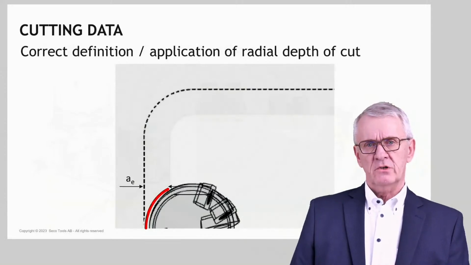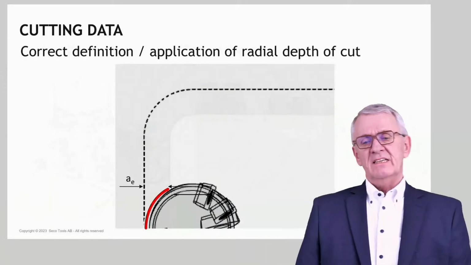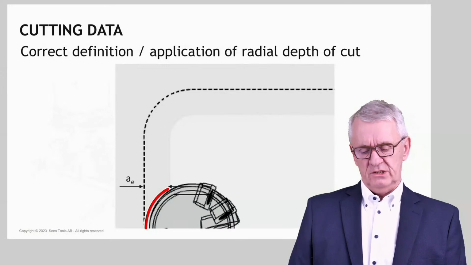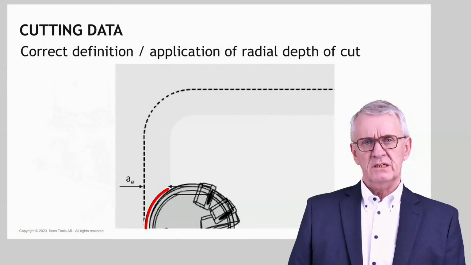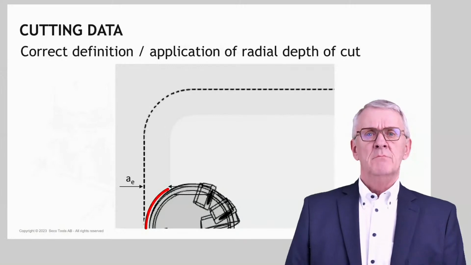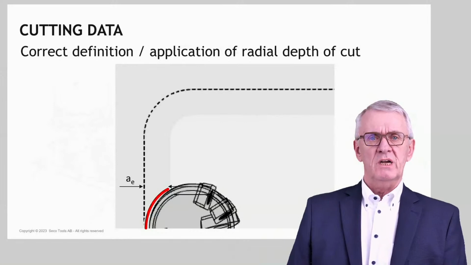Another point I draw your attention to is that we have to be very careful to apply cutting conditions, cutting data, the way they are defined. And there are 2 that have a very big impact here. One is radial depth of cut: the width over which a milling cutter is in contact with workpiece material, measured parallel to the radius line of the milling cutter.